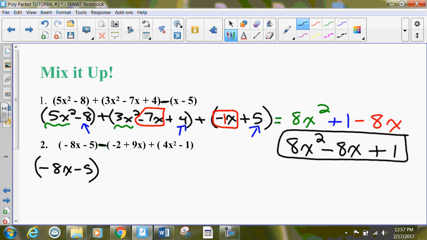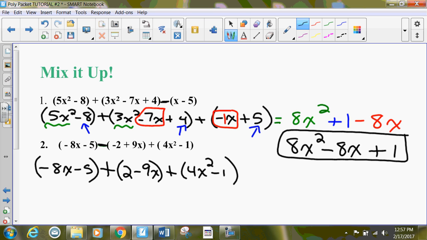But this minus, if I change it into a plus, that means everything that follows it in the parentheses changes. So the negative 2 becomes a 2, the 9x becomes a minus 9x. Now, see this plus, the rest, that doesn't change. The only thing that changes is what comes after the changed sign in the parentheses.